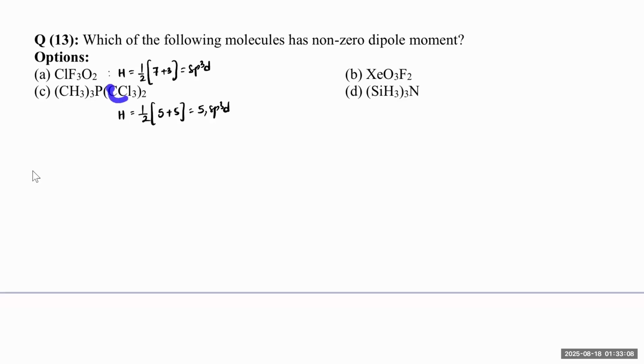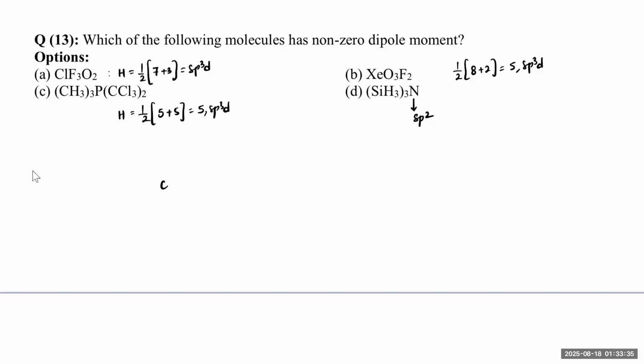Because all of these are monovalent, CCl3 and CH3 are monovalent. Xenon, half into 8 plus 2, which is 5, so sp3d. Here, this is a special case I told you in back bonding, trisilylamine. It was supposed to be sp3, but because of back bonding, it will be sp2.